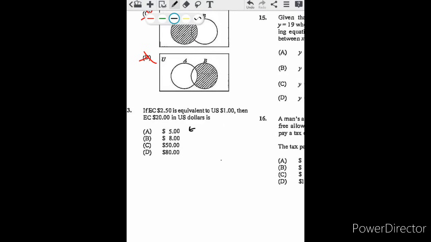Let's write our information. We have EC $2.50 is equal to US $1, and we have EC $20 is equal to US a certain amount.